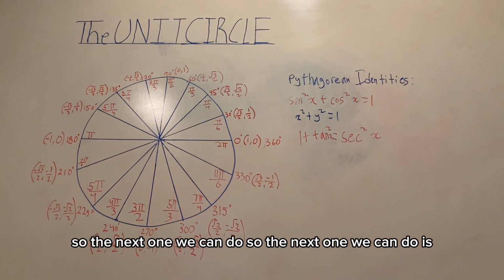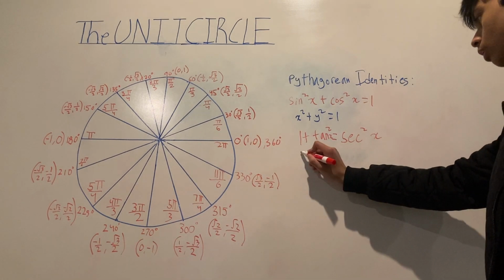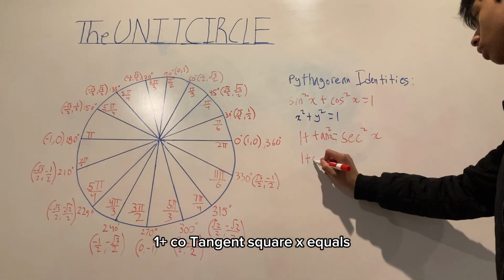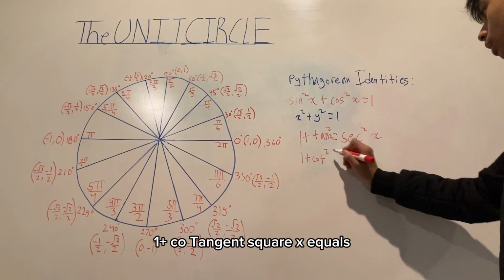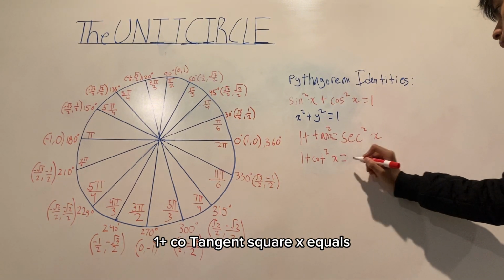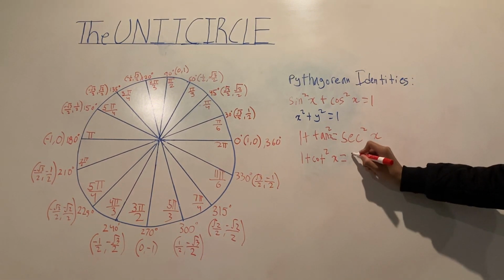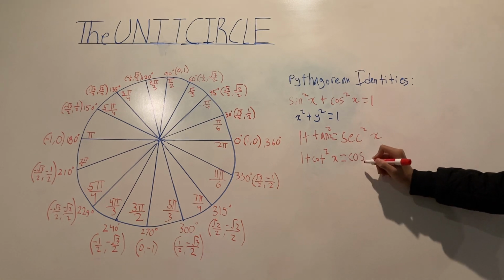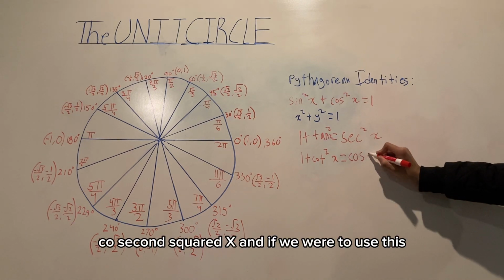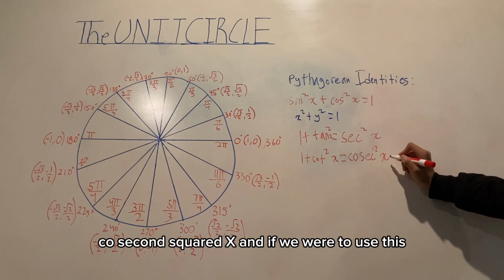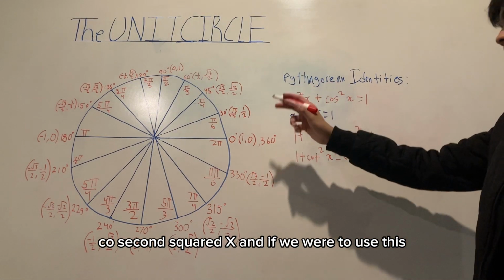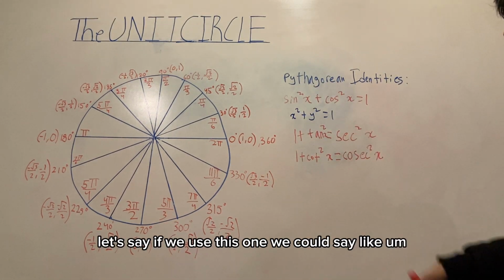So the next one we can do is 1 plus cotangent squared x equals cosecant squared x.